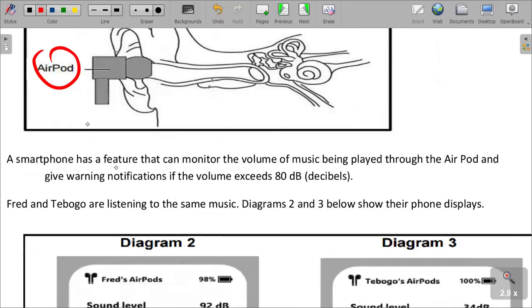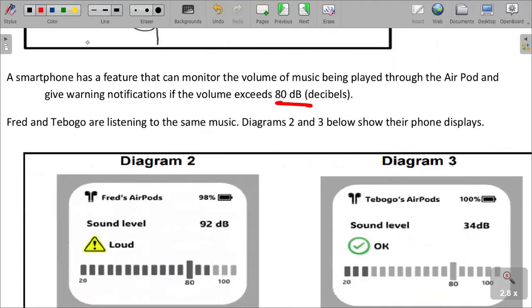So smartphones have a feature that can monitor the volume of music being played through the app, the AirPod, and give warning notifications if the volume exceeds 80 decibels. So Fred and Tebuho are listening to the same music. Diagram 2 and 3 below show their phones' display.